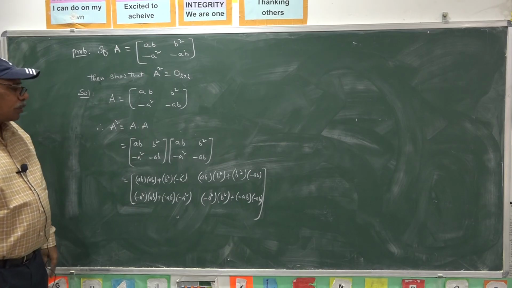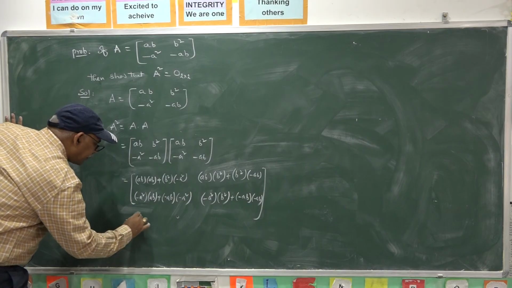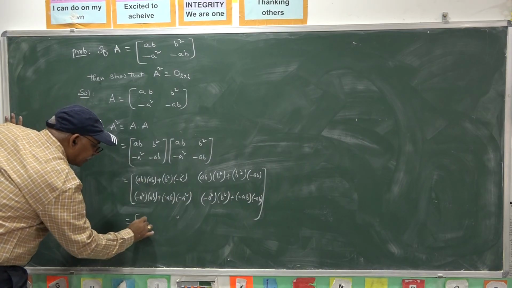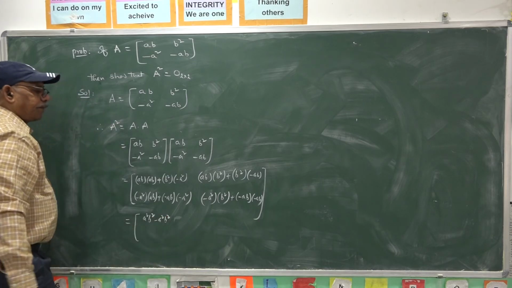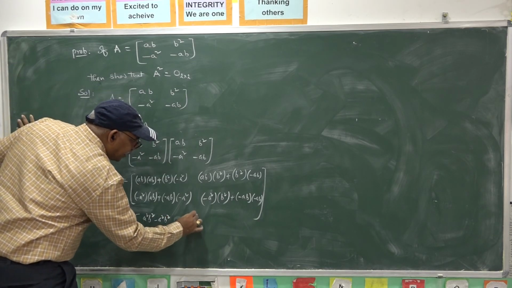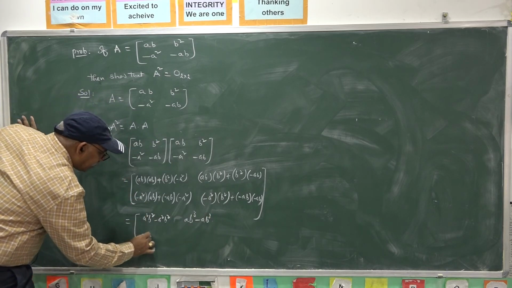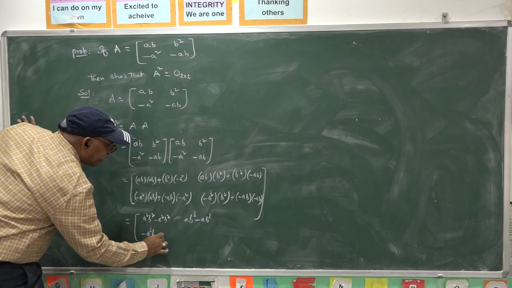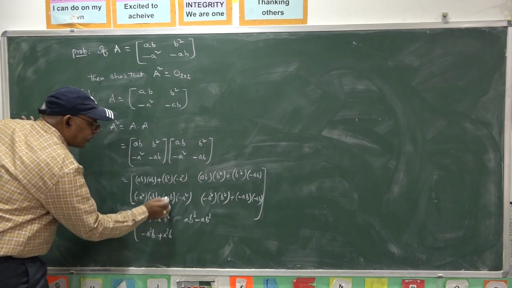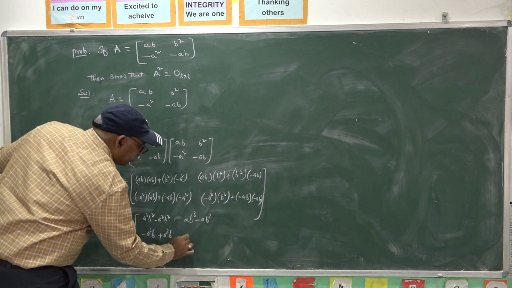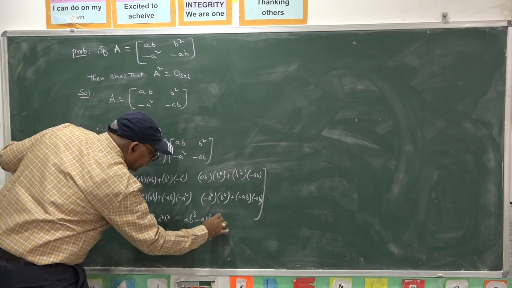So taking the product of A with A itself, we get A square B square minus A square B square here. Here AB cube minus AB cube. Here we get minus A cube B plus A cube B. Here minus A square B square plus A square B square.